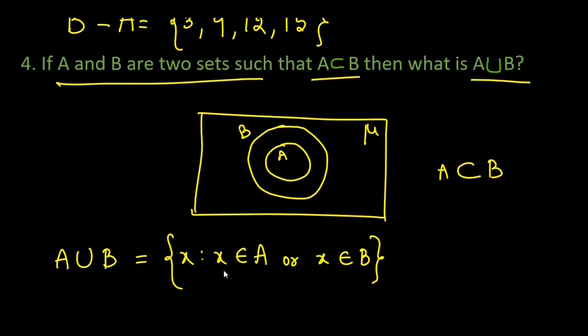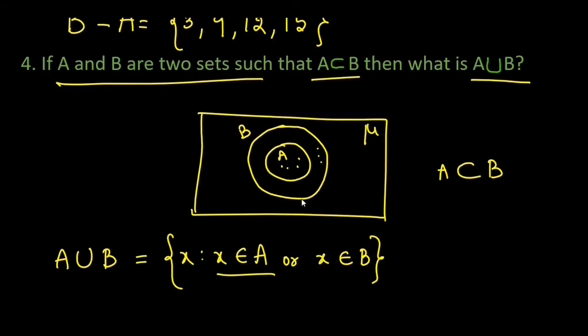Now, whatever element we take in A will also be there in B. If we take some element here in A, this is also there in B. Now, we have to take other elements in B also.